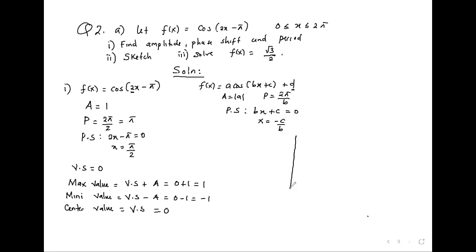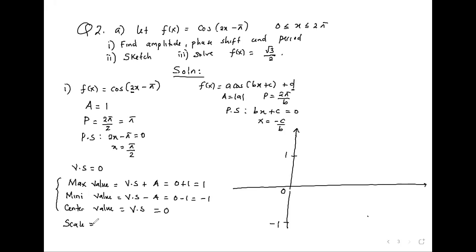And then the sketch. So we know we have 1, we have 0, and we have -1. What else do we need? We need to get a scale. Whatever the amplitude is, that's how you use it. That's how I've given you this in general form.